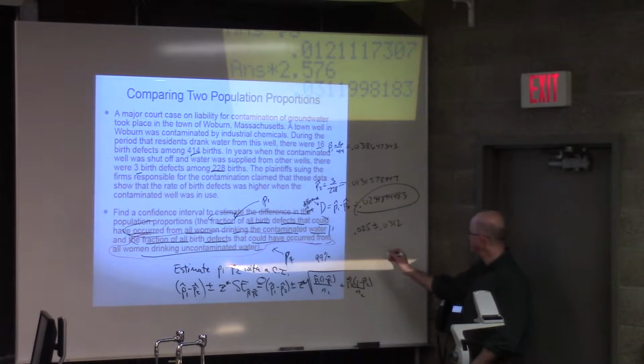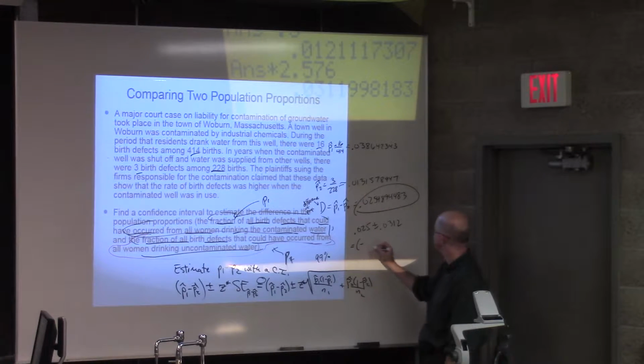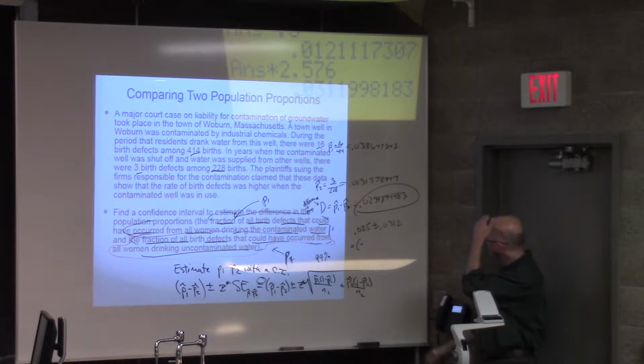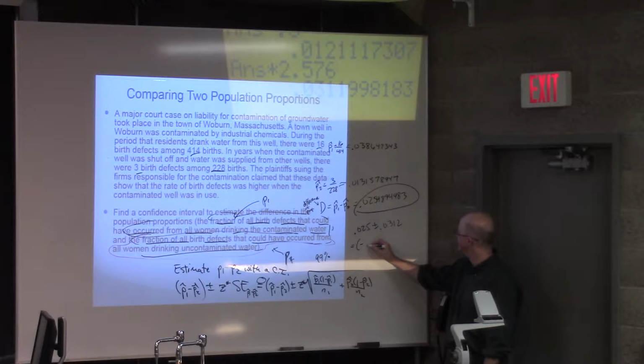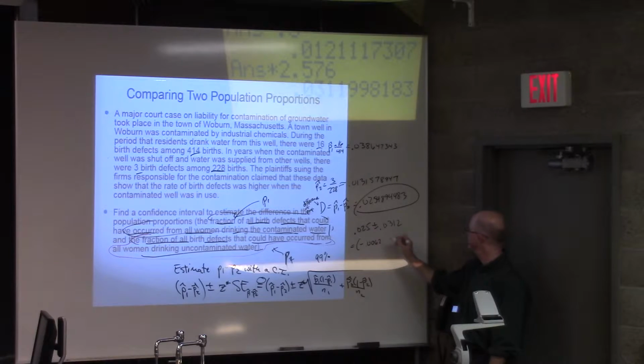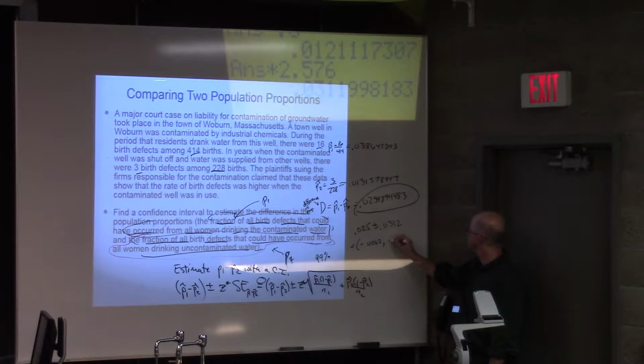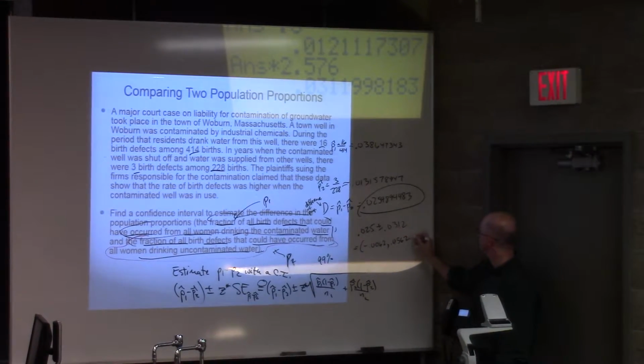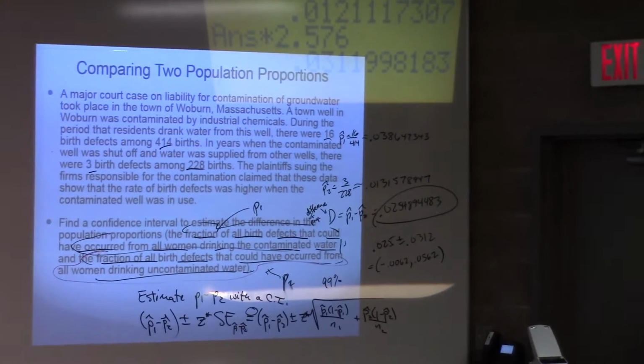So there's the plus or minus notation; in interval notation, 0.025 minus 0.0312, negative 0.0062, I think. Somebody check that? Yeah. To positive 0.0562. Right?